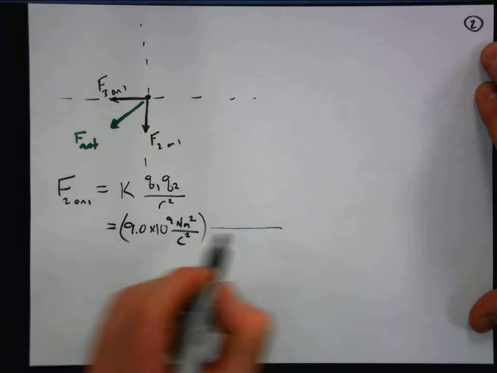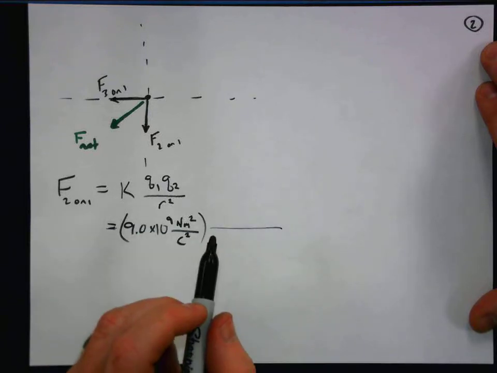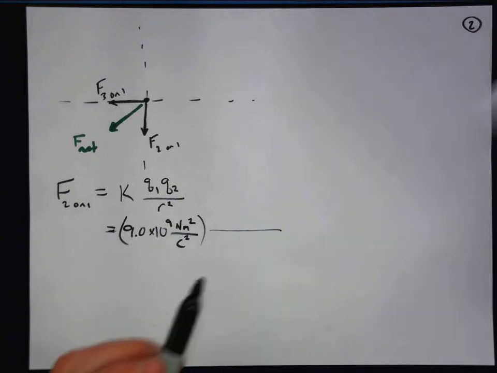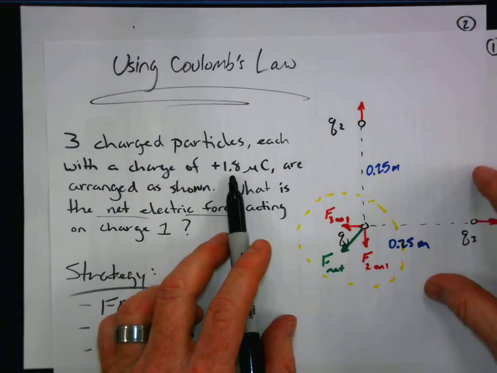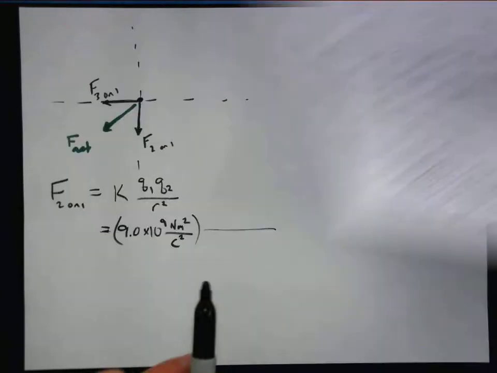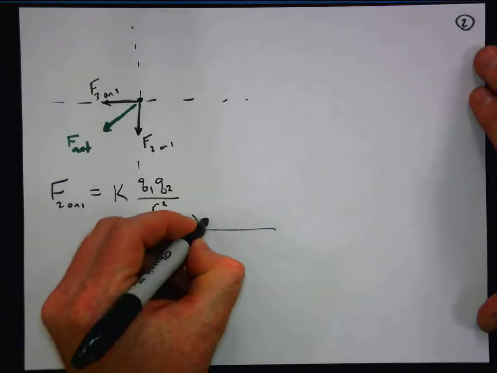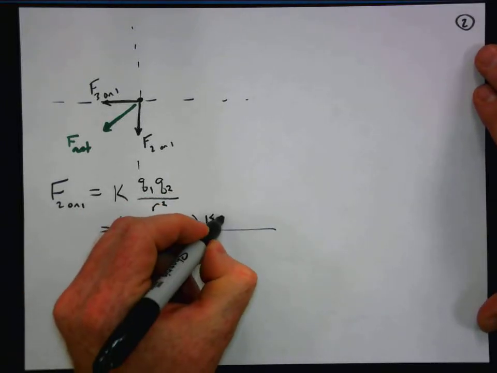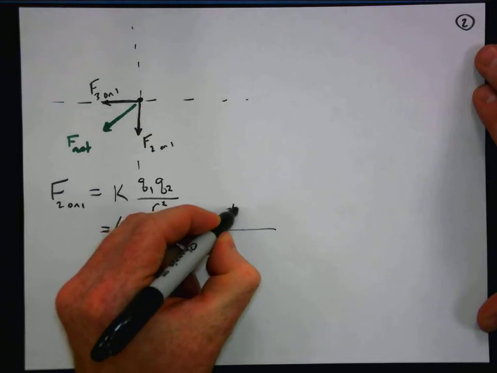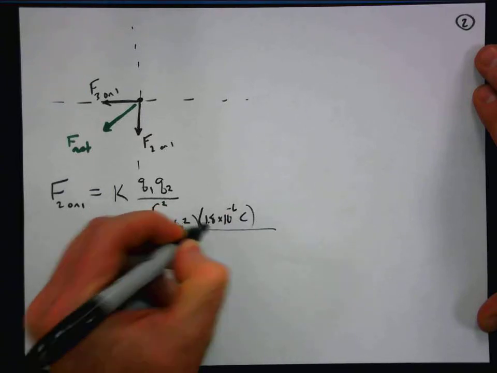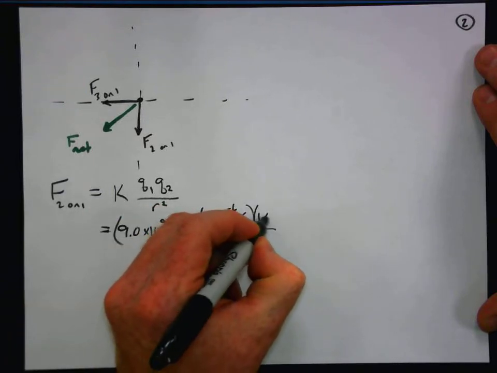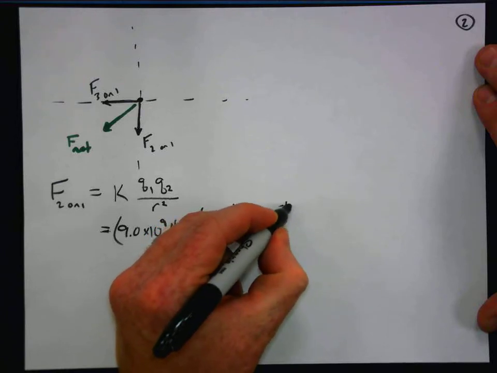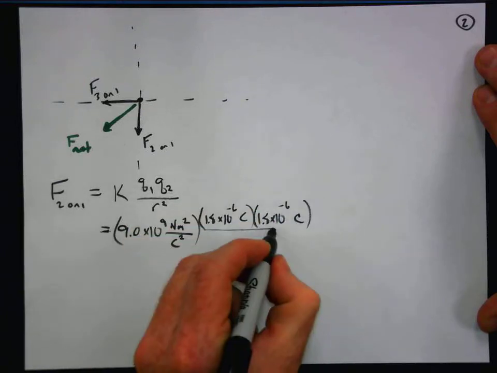And now the charge. I have a charge of positive 1.8 microcoulombs in each of these particles. So 1.8 microcoulombs, that's going to be times 10 to the negative 6 coulombs. The other charge is the same value, 1.8 times 10 to the negative 6 coulombs.